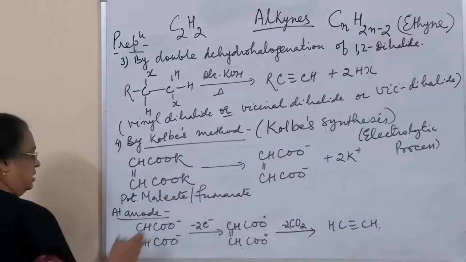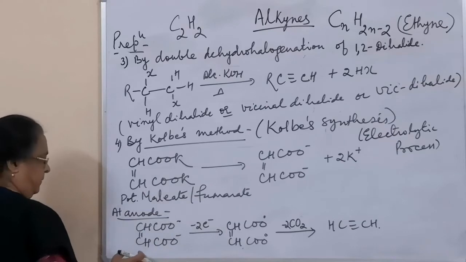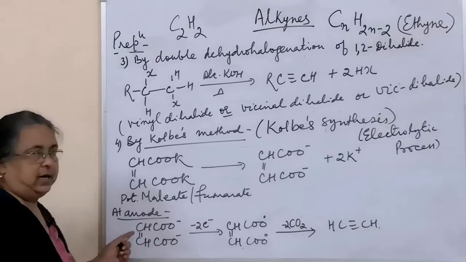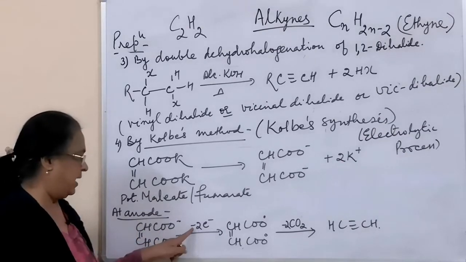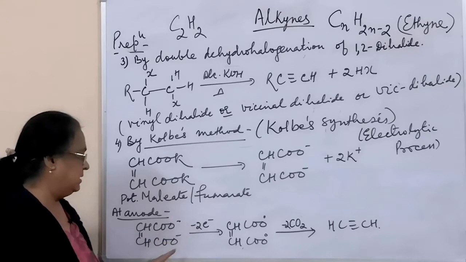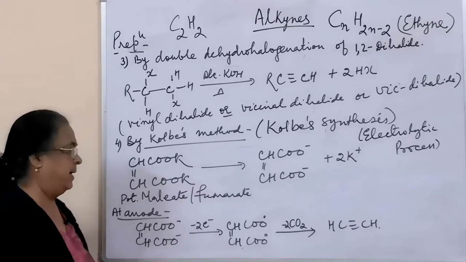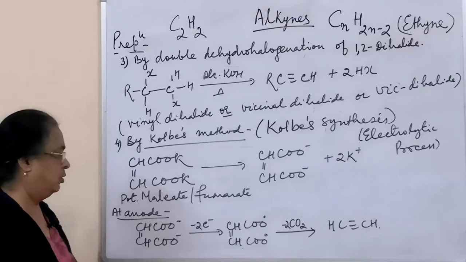So when this maleate or fumarate ion is attracted to the anode, it loses 2 electrons and turns into a neutral maleate or fumarate molecule.